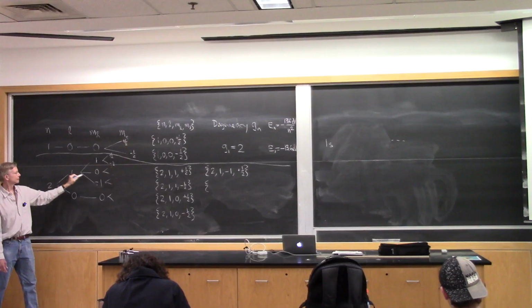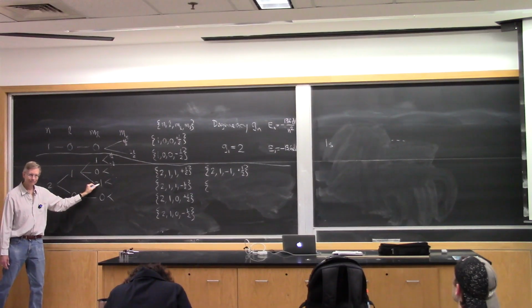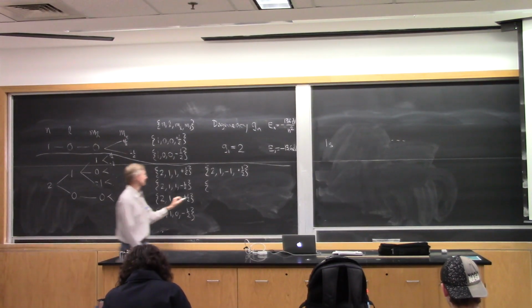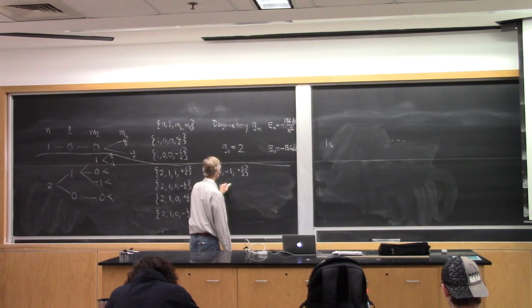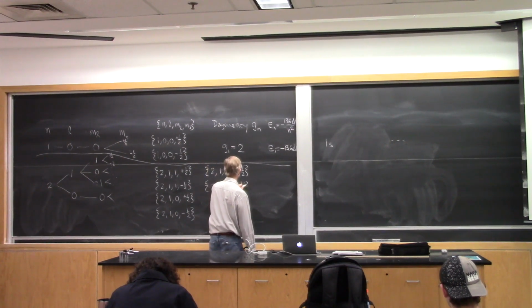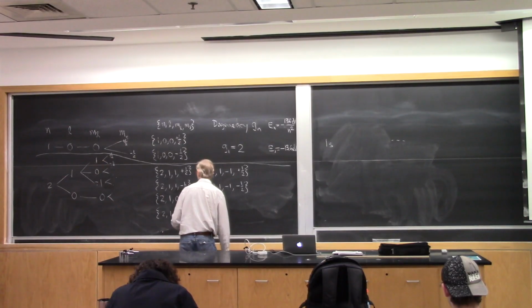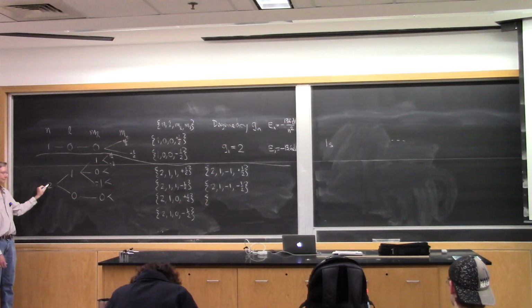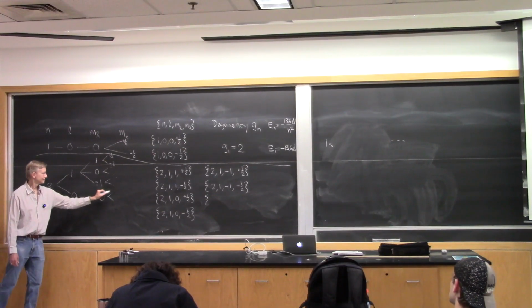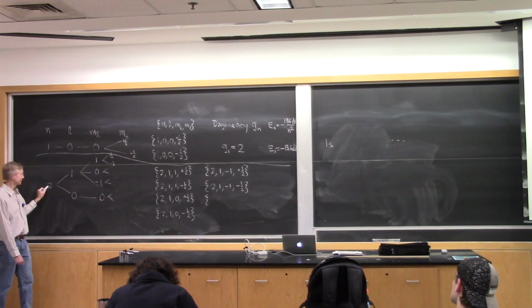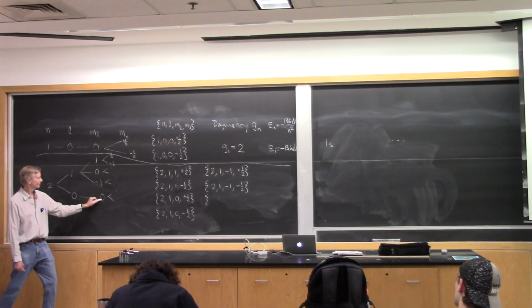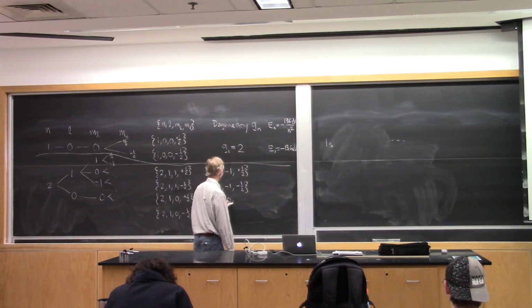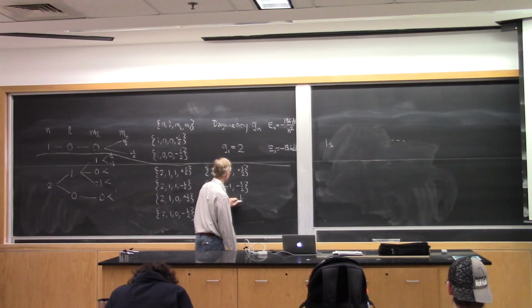2, 1, -1, -1/2. -1/2. And then we've got, so we've got 2, 0, 0, +1/2.